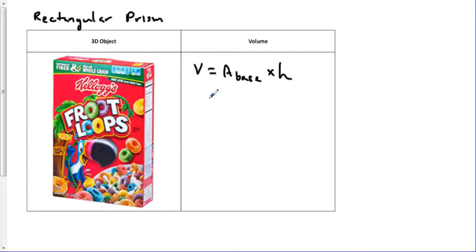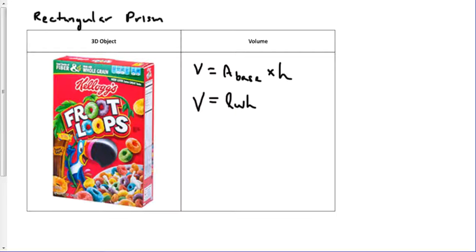For a rectangular prism, the area of a rectangle is just length times width, right? So the area of the base is length times width, and the height of the prism we call h. That's the formula you see in your formula sheet, and it's a really easy formula to use. It comes from area of base times the height: length times width times height.